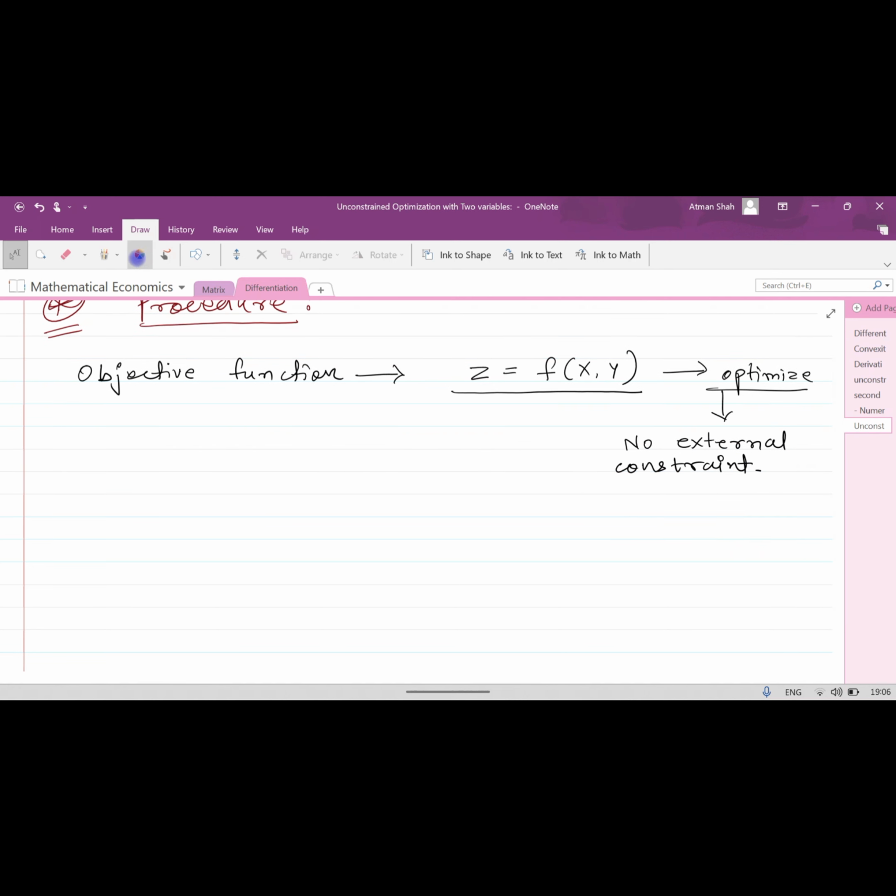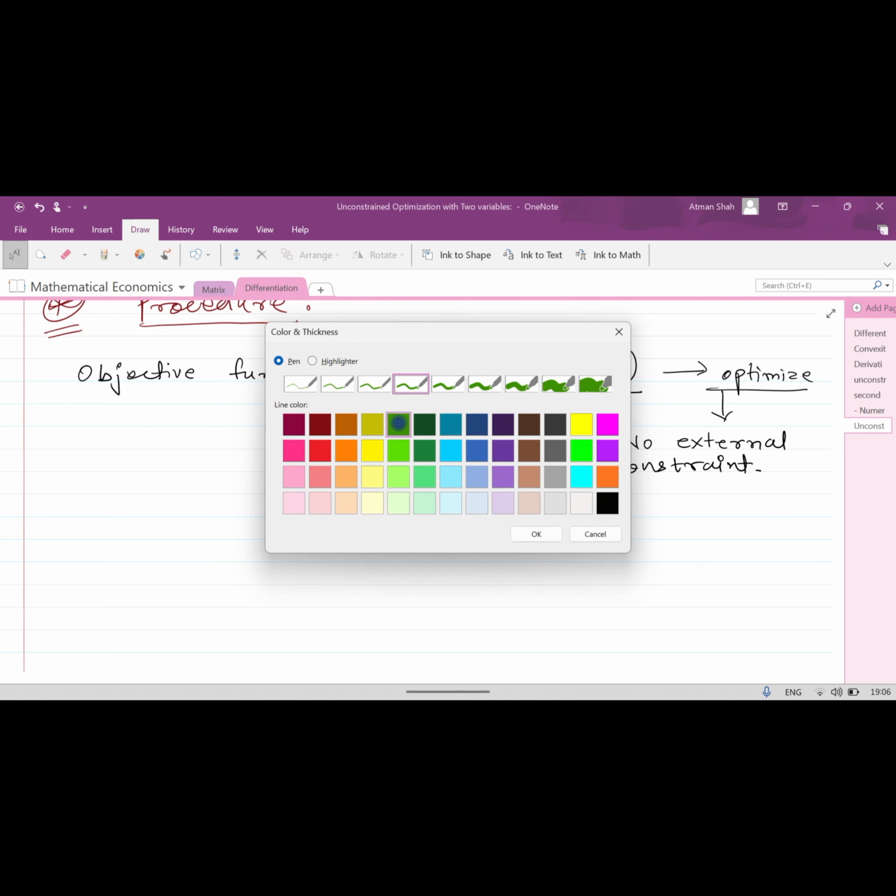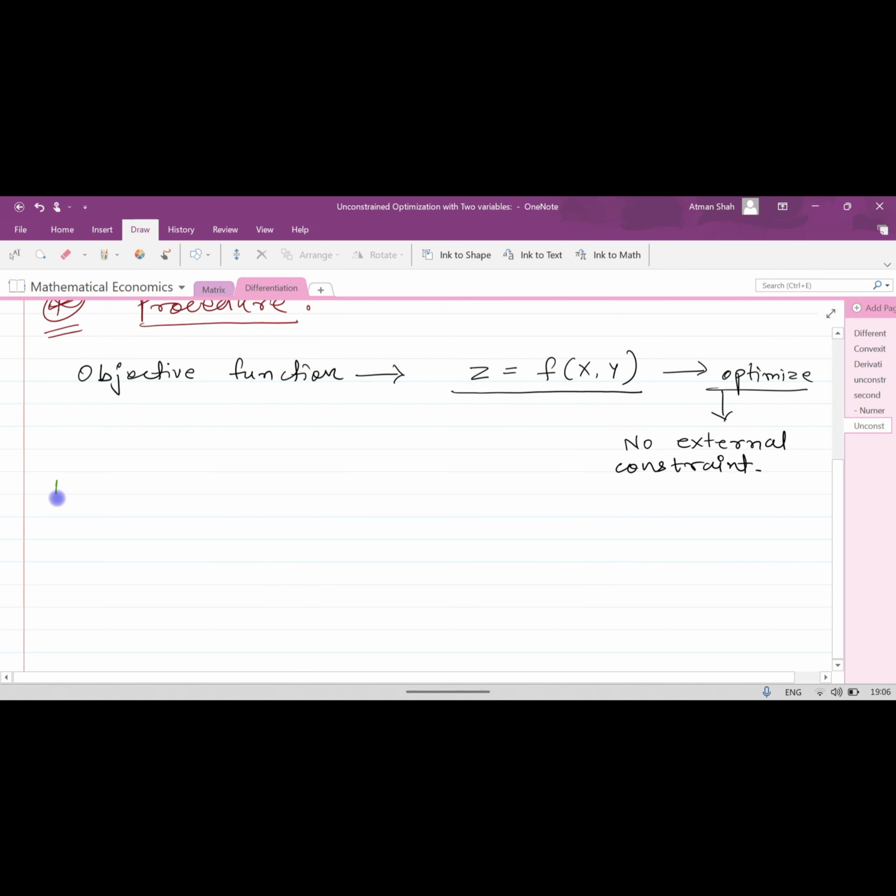So what is the first order condition? The first order condition is associated with first order differentiation. It gives us the critical points.